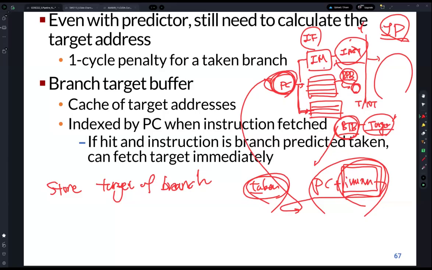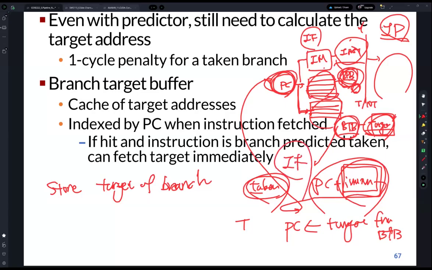So if the branch is predicted as taken by the BPB, the PC is updated by this target from the BTB. So what does it mean? The branch prediction buffer and the branch target buffer are in the instruction fetch stage.